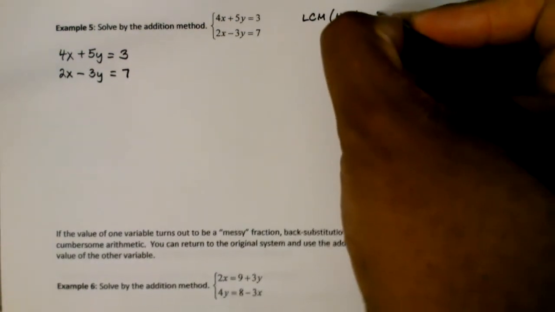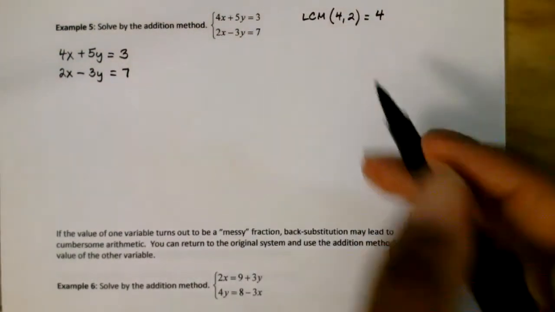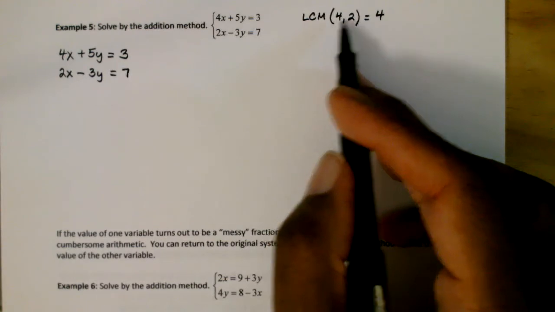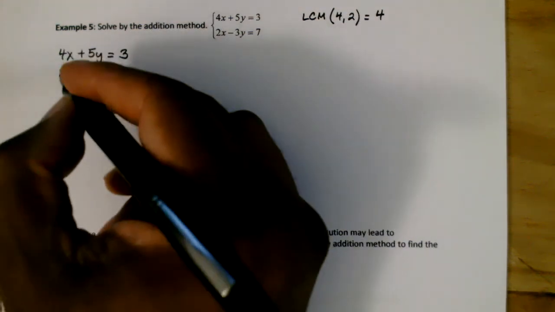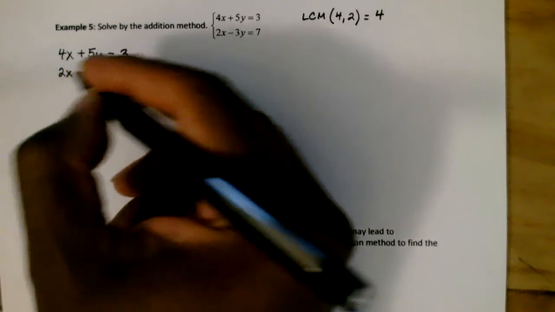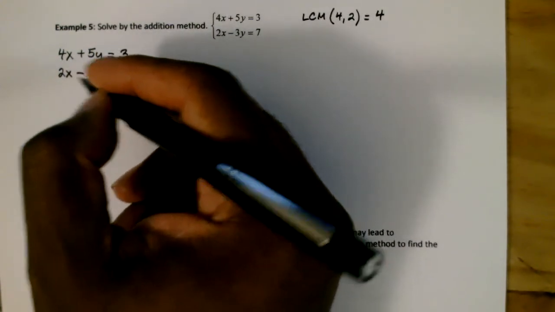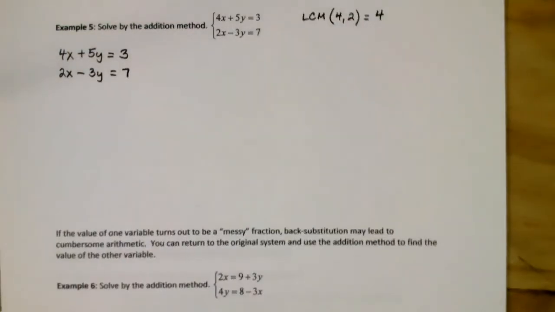And in this case, it's going to be 4 because I know 4 is divisible by itself and 4 is divisible by 2. So we have to look for some least common multiple, either for the x coefficients or for the y coefficients. And since I'm trying to eliminate the x's, I'm using 4 and 2.